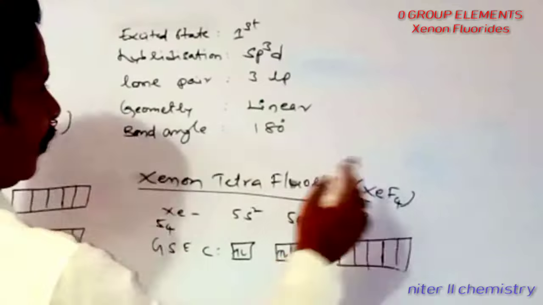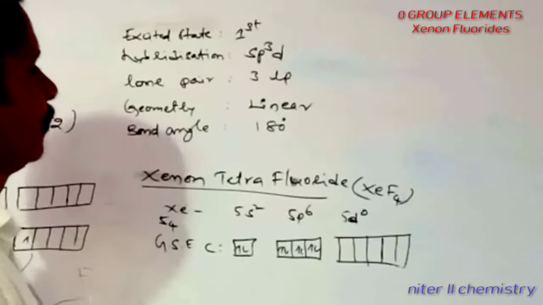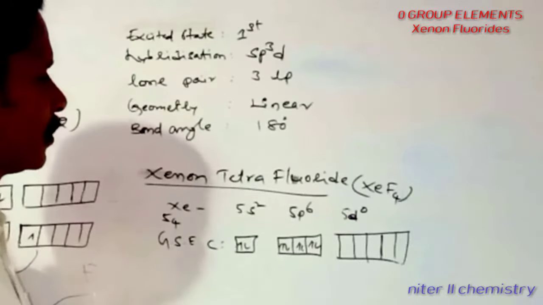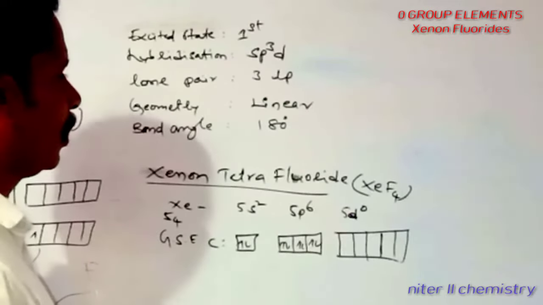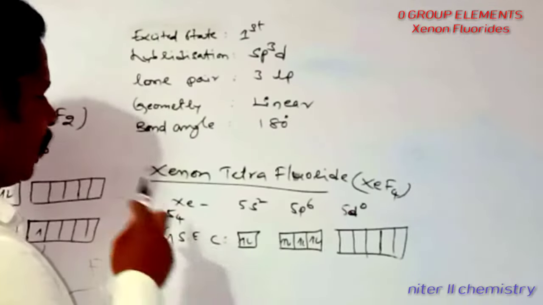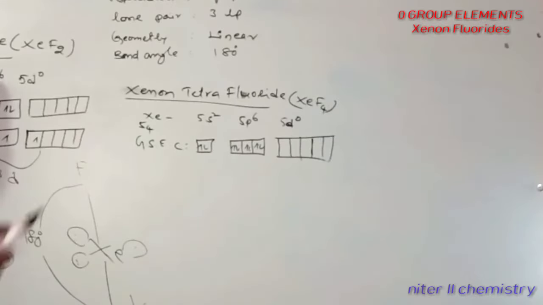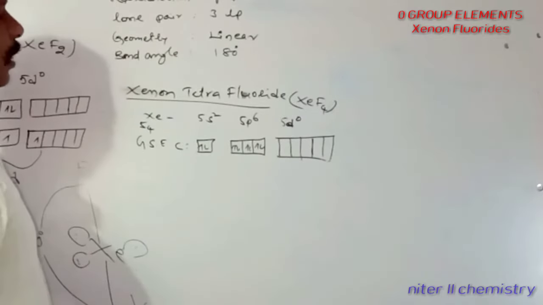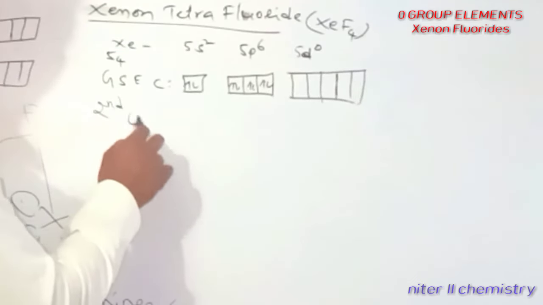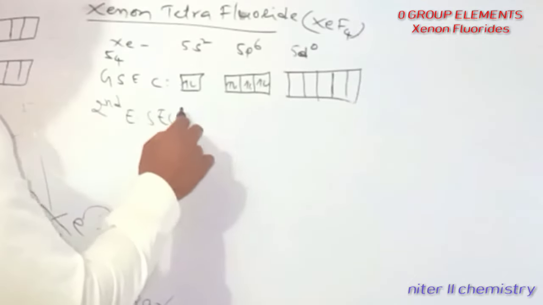Here, how many chlorines are there in xenon tetrachloride? There are 4 chlorines, so 4 Cl atoms. According to 4 Cl atoms, which excited state do we want here? We want 4 unpaired electrons. In the first excited state we get only 2 unpaired electrons, but we want 4. So we need the second excited state electronic configuration.